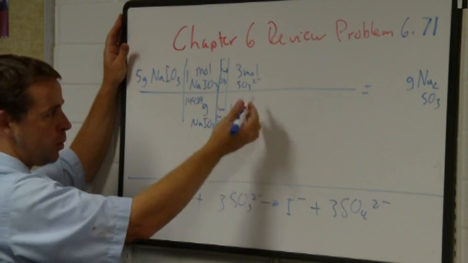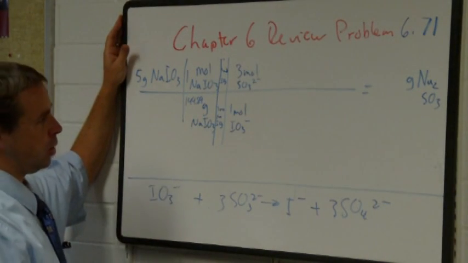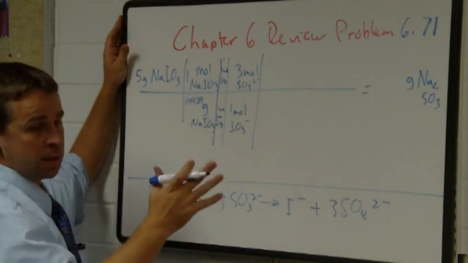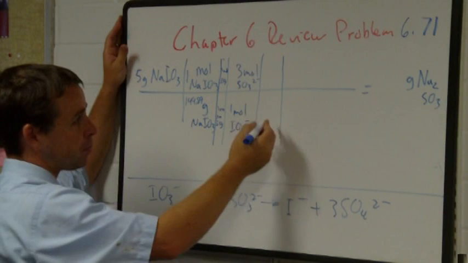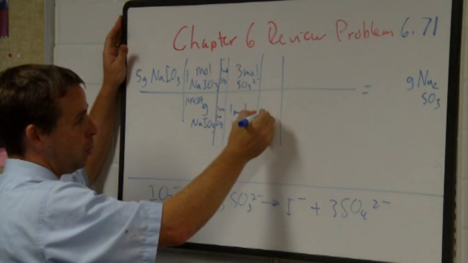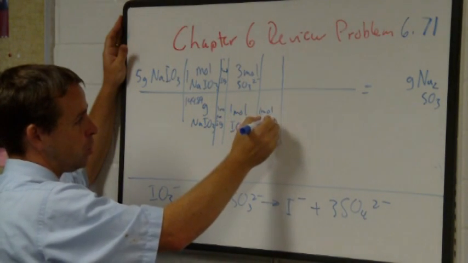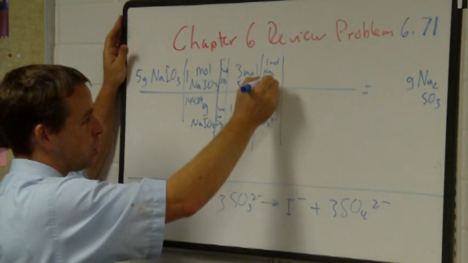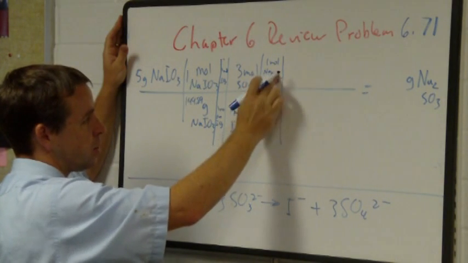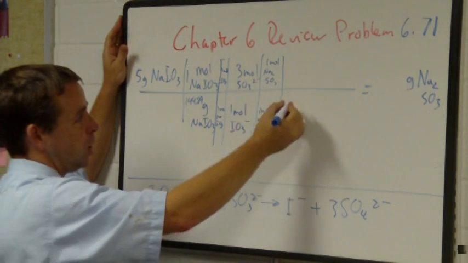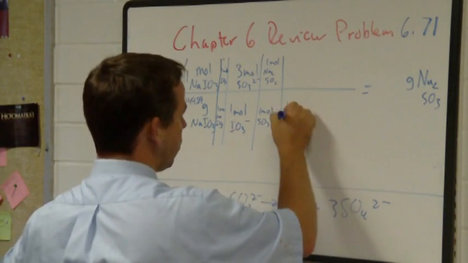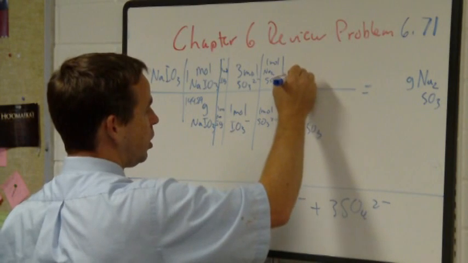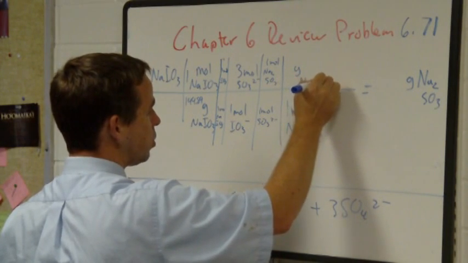And for every 1 mole of IO3, I consume 3 moles of SO3 2 minus, and a similar slice that I would usually not include, but for every 1 mole of SO3 2 minus, that's 1 mole of Na2SO3, and then for every 1 mole of Na2SO3, how many grams of Na2SO3 will that be?